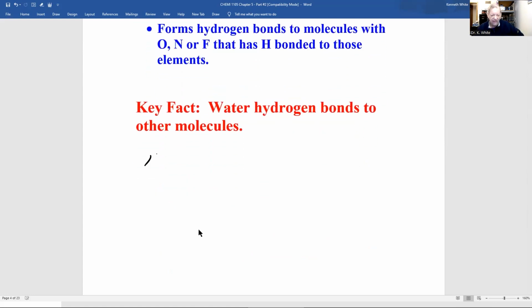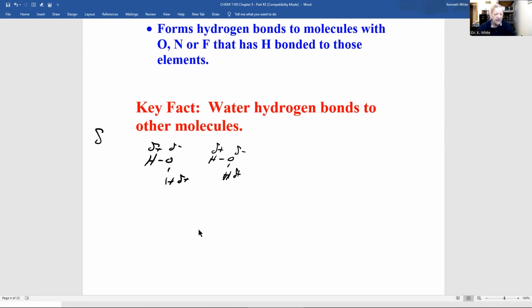Let me remind you, what's hydrogen bonding? Because of the difference in electronegativity between hydrogen and oxygen, oxygen's more electronegative and wants to hold the shared electrons closer to itself.